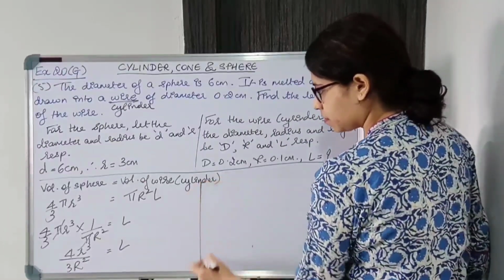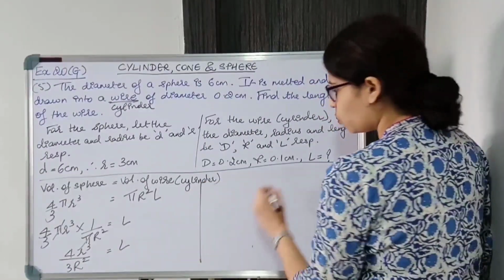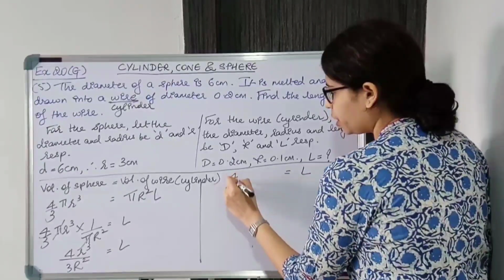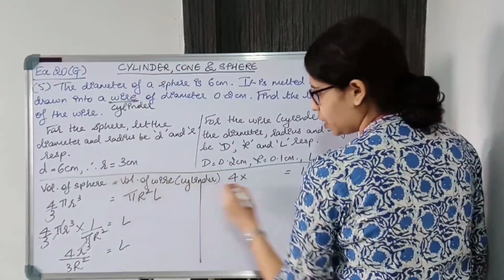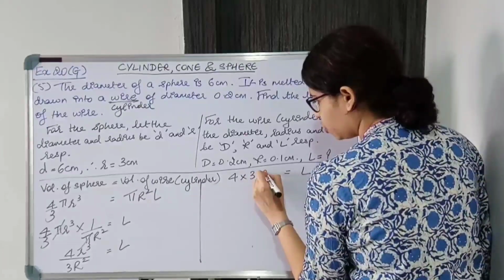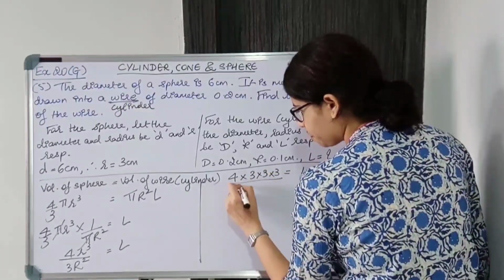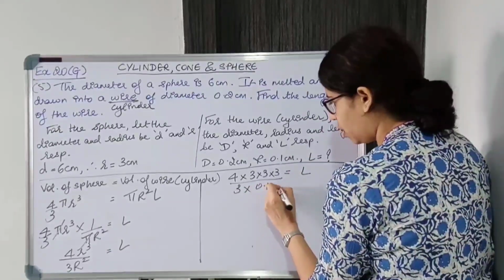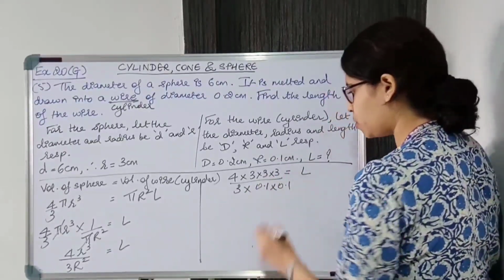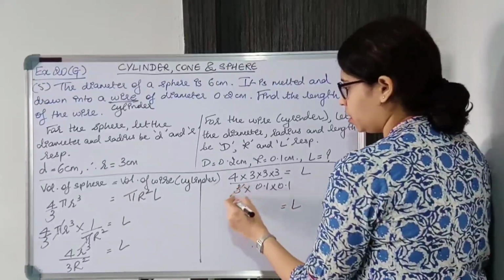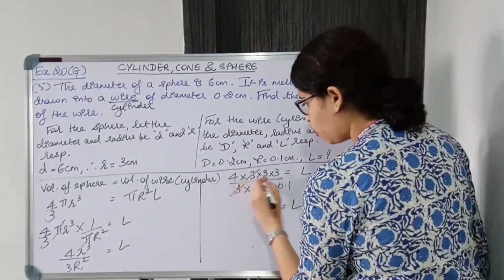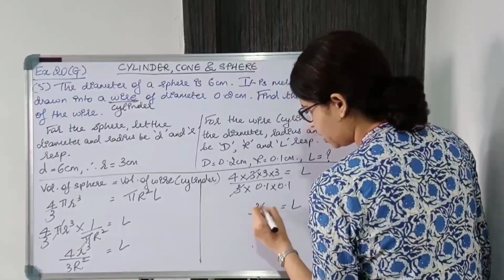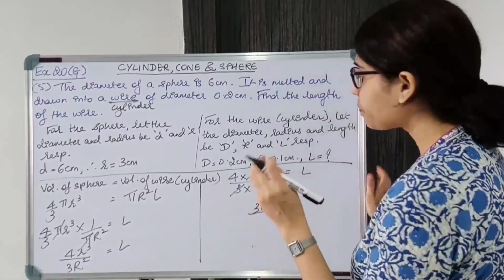Alright, so L is equal to 4 into r का वैल्यू, small r we know is 3, so r cube है 3 into 3 into 3 upon 3 into this r is 0.1, r square है, so 0.1 into 0.1. 3 will get cancelled, so 4 into 3 into 3, that is 4 9s are 36 upon 0.1 into 0.1.